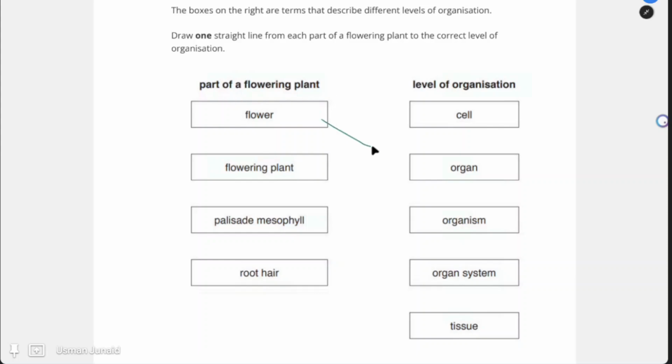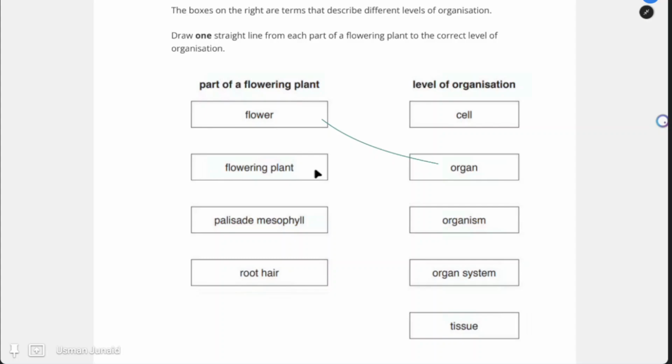So flower is an organ. Flowering plant is an organism, a cell, or an organ system? What is it? Organism, the plant. Organism. Yeah.